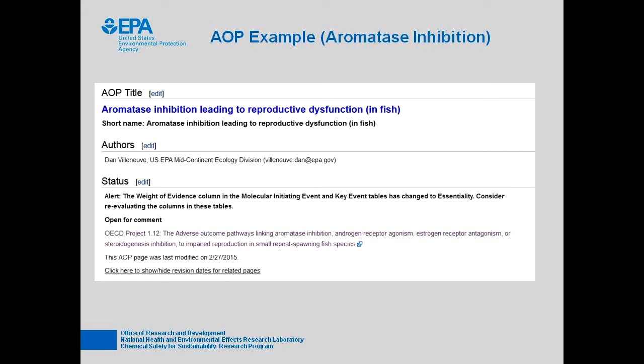And so this is the AOP as it's structured, as it's saved into the wiki. This was Dan Villeneuve out of the US EPA's Mid-Continent Ecology Division put this in. We have the OECD project that this was developed under, and some information about when it was last updated.